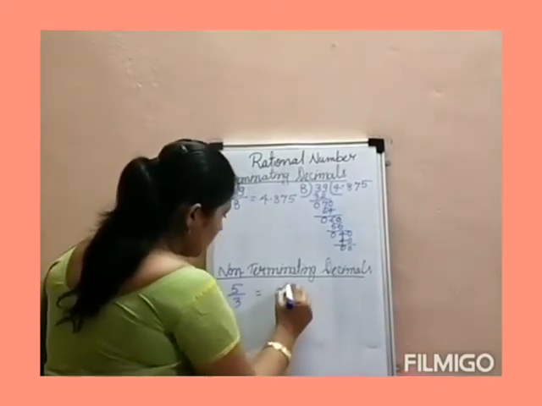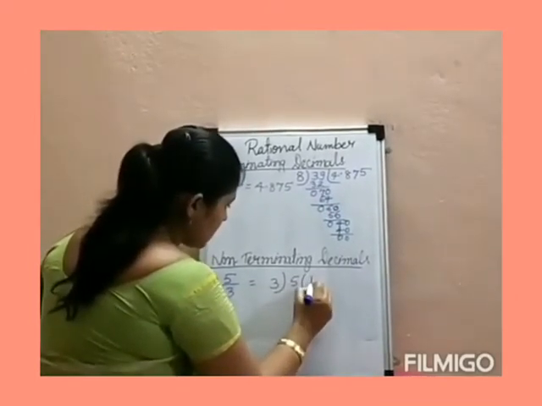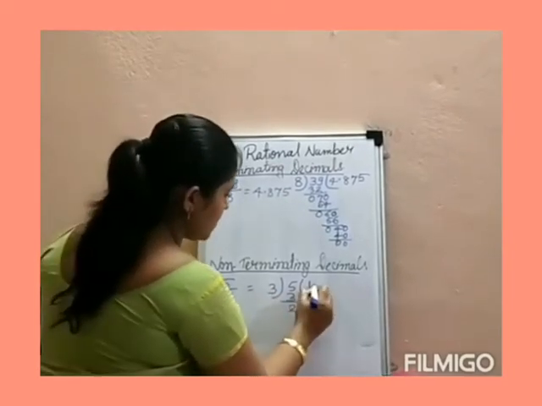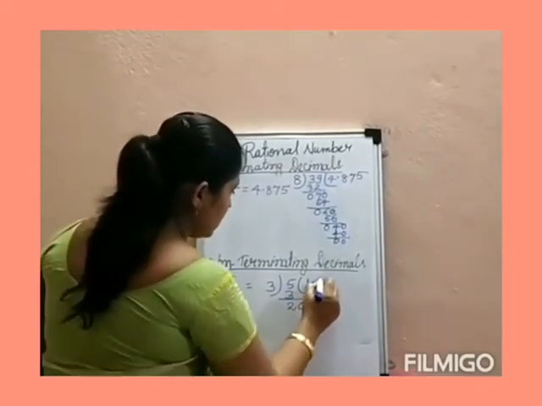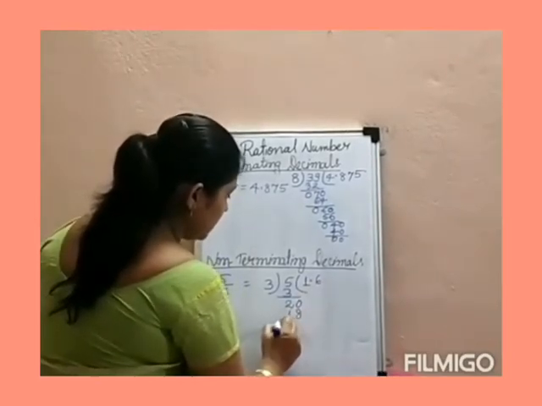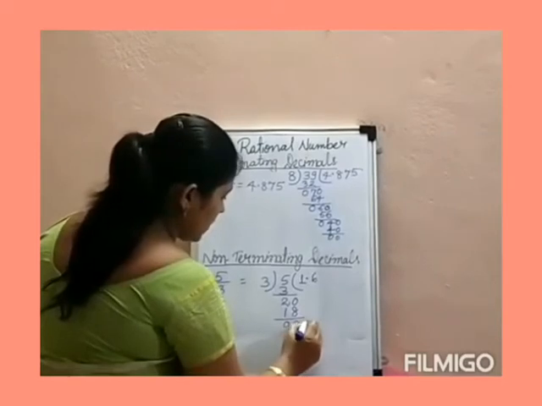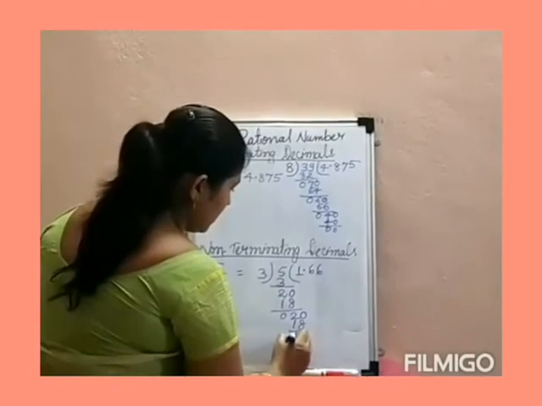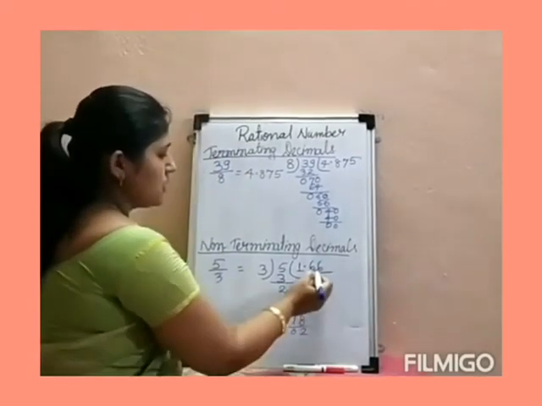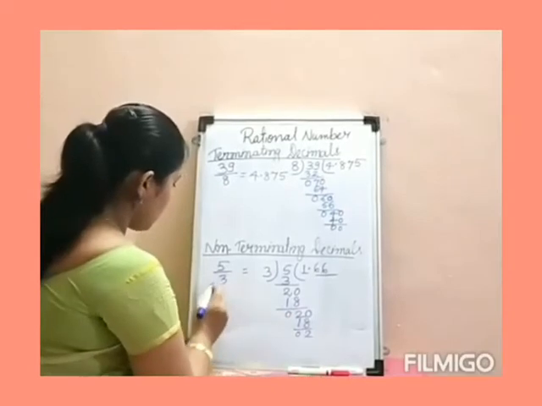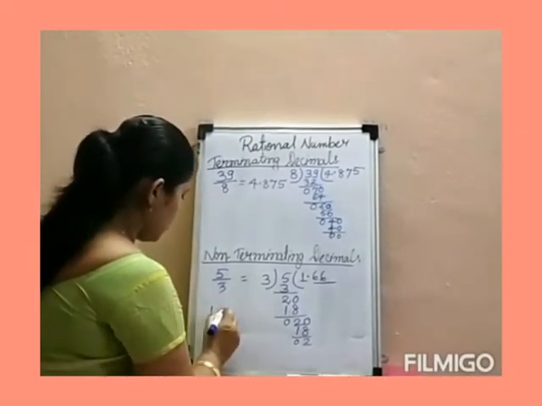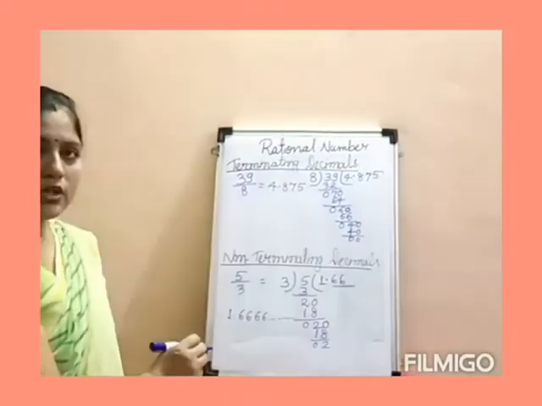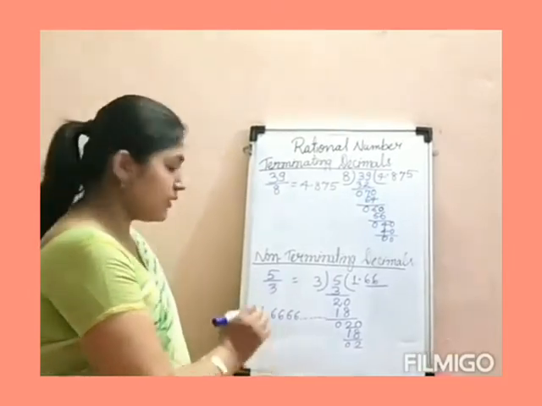So 3, 5 here, 3 ones are 3, 2. 2 is not divisible by 3, so put a decimal here and 0. 3 sixes are 18. 2, again 0. 3 sixes are 18. So this number 6 will be repeating here. 5 upon 3 is equals to 1.6666. These are called non-terminating decimals. This is also called recurring decimal.